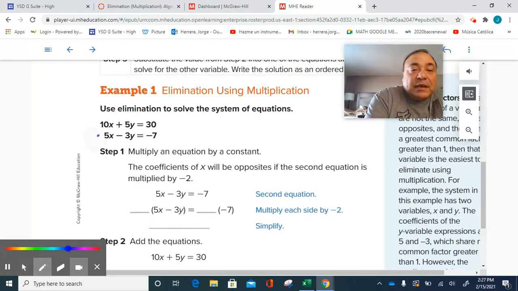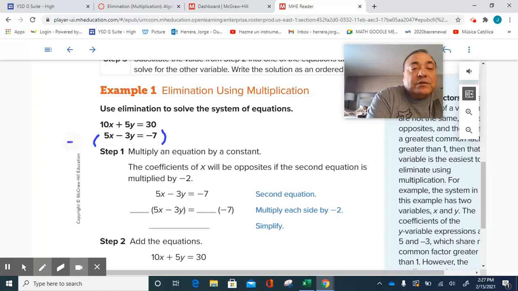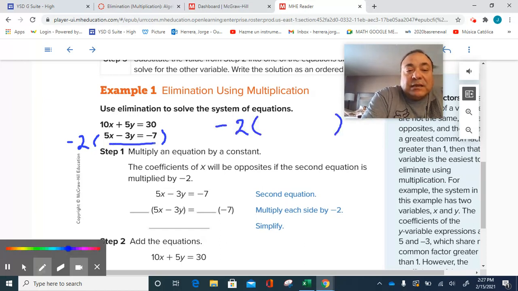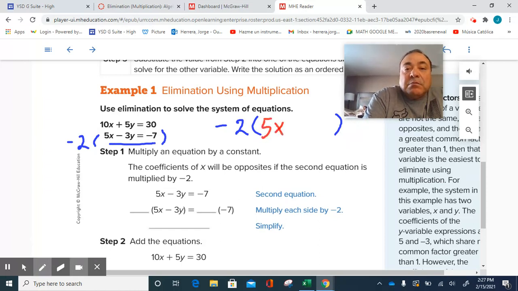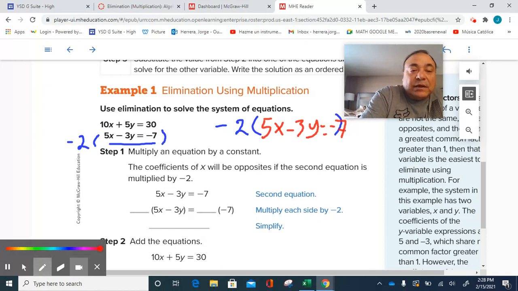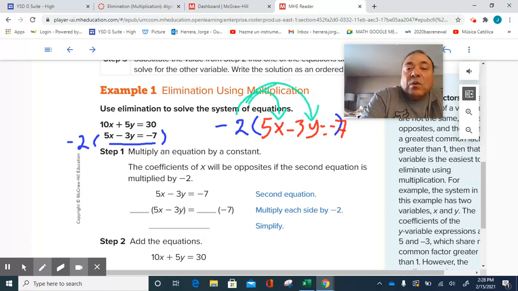So we're going to multiply this one by -2, because that will give us the -10 that we're looking for. What we're really multiplying is -2 times the quantity 5x minus 3y equals -7. Then we go inside once, twice, and all the way to the end, guys.